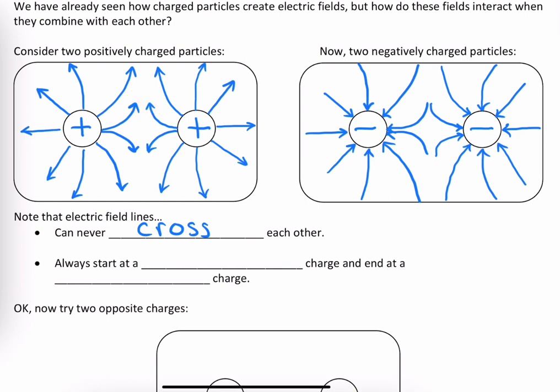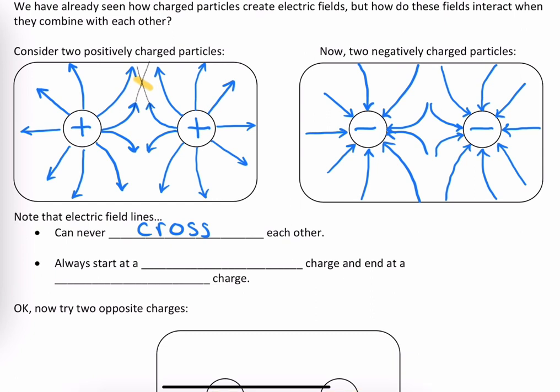If they did cross, if we pretend, for example, this electric field line continued off like this, and then this one continued off like this, and they crossed right there in the middle, I'm basically saying that if I put a charge there, it would feel a force in two different directions at the same time.